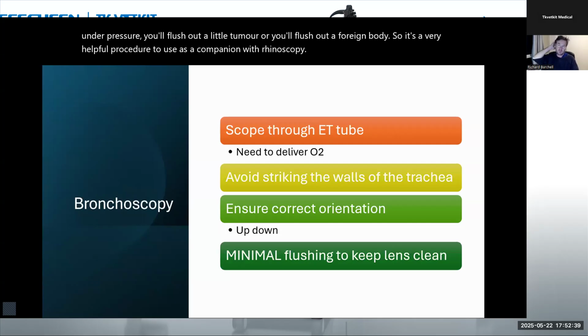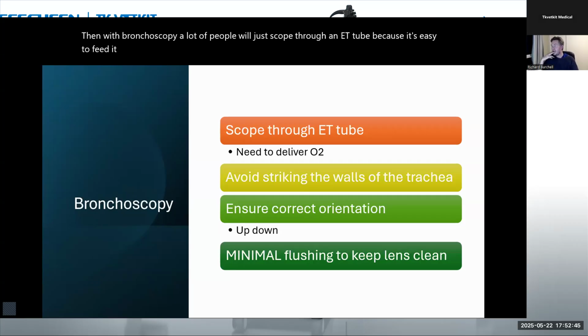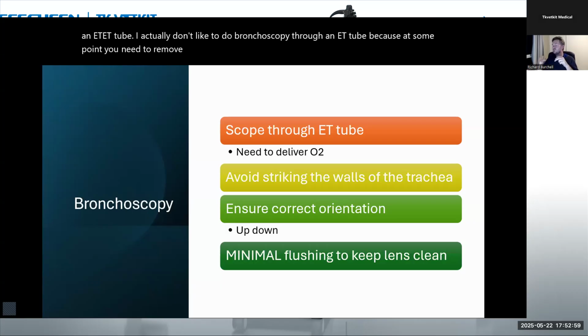Then with bronchoscopy, a lot of people will just scope through an ET tube because it's easy to feed it in, and then you normally will be delivering O2 through the side port of the ET tube. I actually don't like to do bronchoscopy through an ET tube because at some point you need to remove the ET tube to evaluate the parts of the trachea that are covered by it.